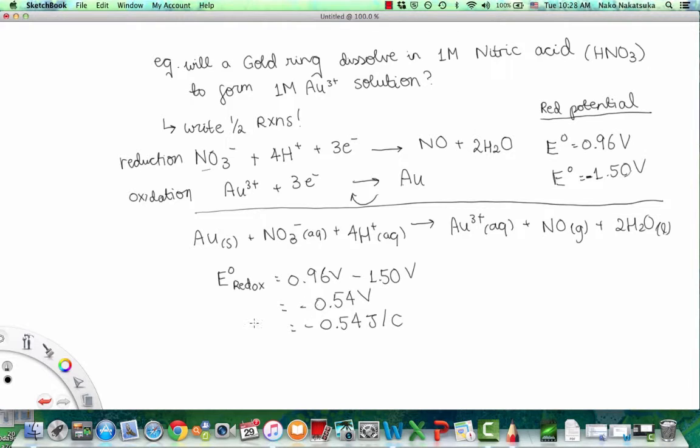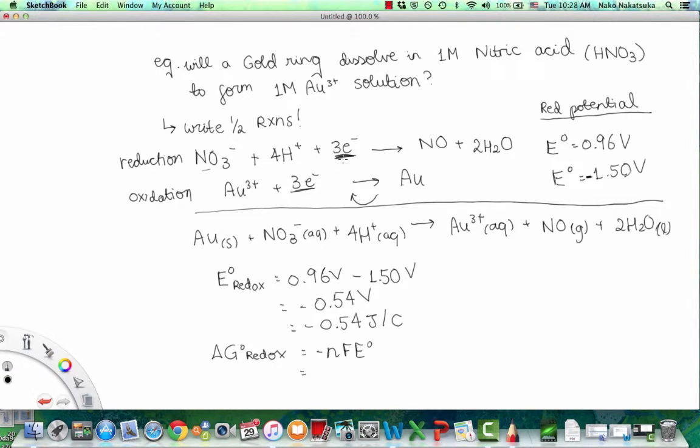So now let's figure out the delta G of the redox reaction using the equation that I just showed you guys. So it's negative nFE. And so this circle tells us that it's at standard conditions. So the number of moles of electrons that are being transferred, we can see, is 3.